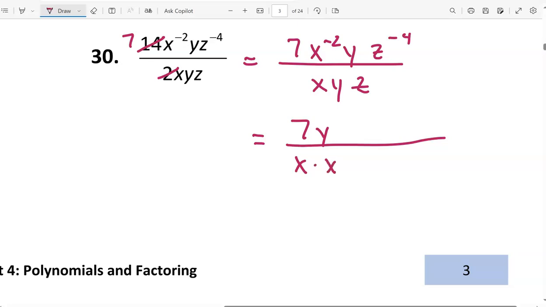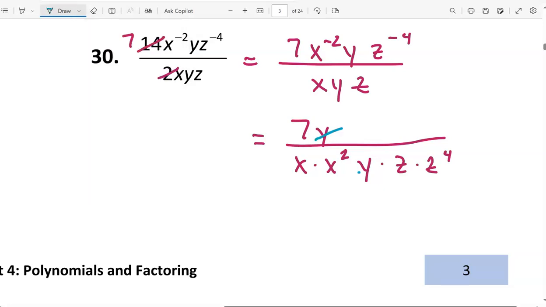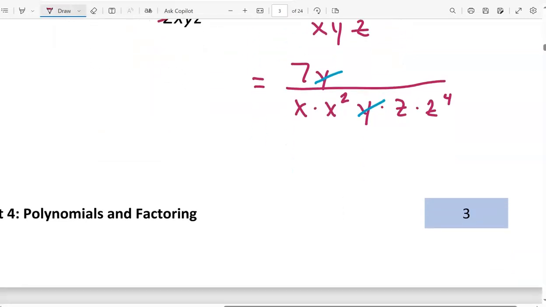So x times x squared, and y, and z times z to the fourth. Our common factors of y can cancel, and that's just going to leave this expression as 7 divided by x cubed times z raised to the 5th power.